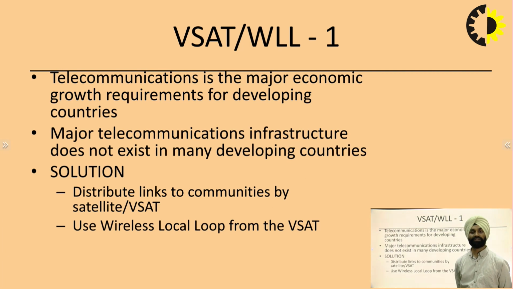Telecommunication in developing nations, mobile phones and all the other telephone systems are basically the backbone for development. So when WLL is already available, we can use VSATs for the distribution links of the community to the satellites. Using existing wireless loops with VSAT can be one of the solutions.